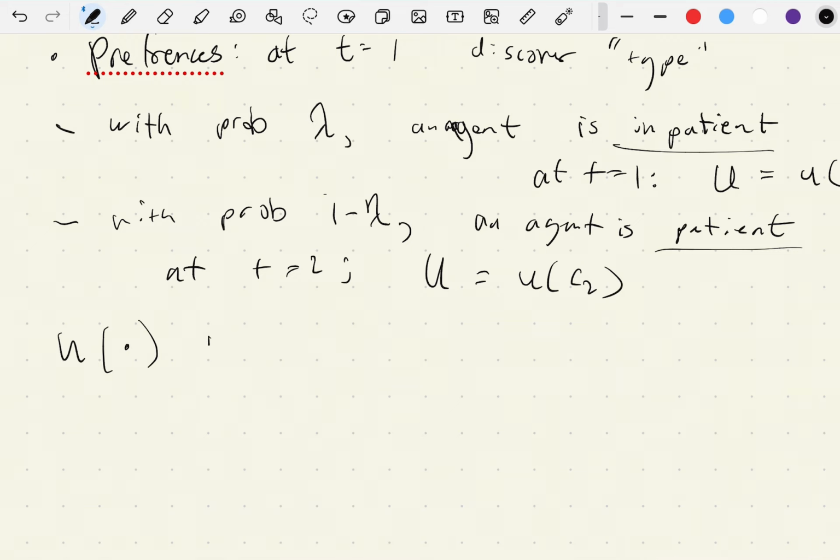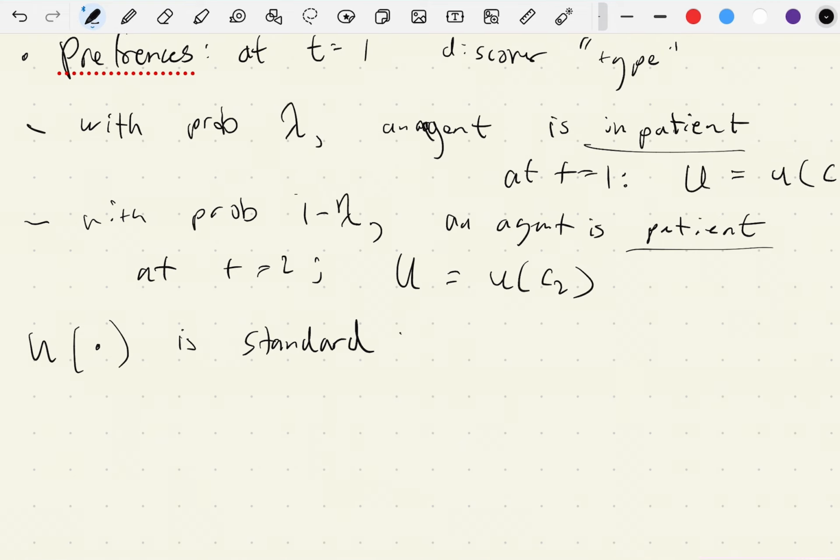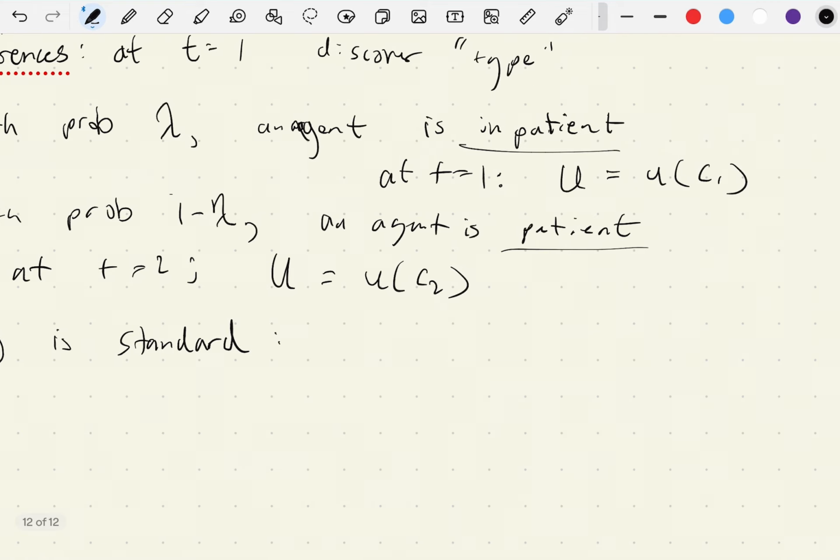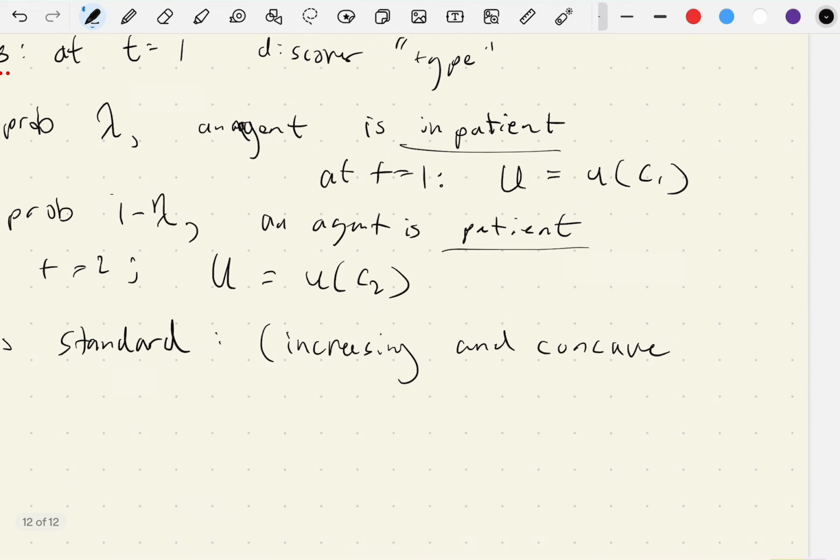And so the utility function, u of something, is standard. This basically just means that it's increasing and concave.